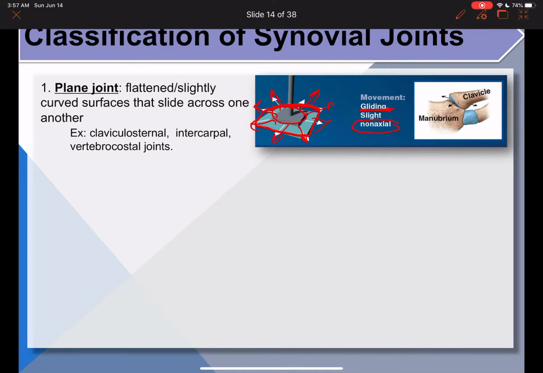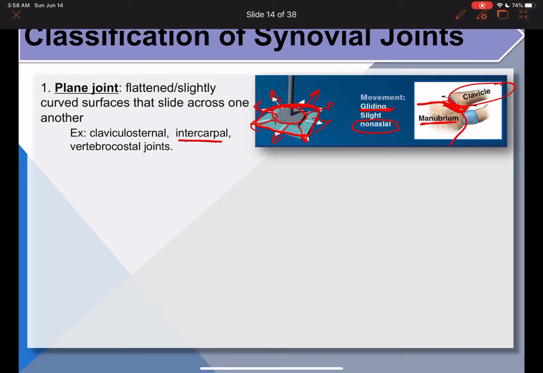Examples of plane joints are, for example, your claviculosternal joint, which is a joint between your clavicle bone and your sternum, specifically the superior part of the sternum called the manubrium. There's this flat surface of the clavicle and the flat surface of the sternum that forms that joint. The intercarpal joints between carpal bones are also another example of the plane joint.